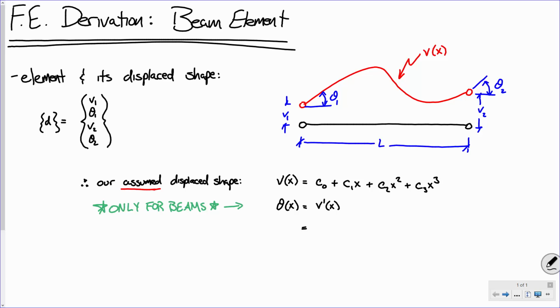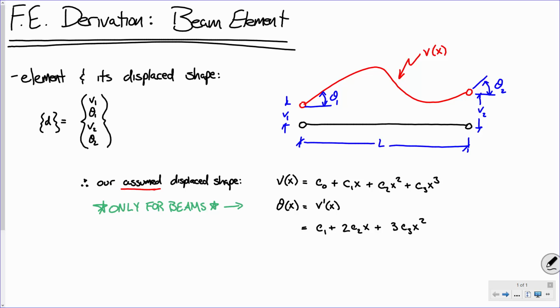What's the derivative of c1 times x? c1. There we go. c1 plus, you tell me what to write. c2 times 2x. So maybe 2c2 times x plus 3c3 x squared. There we go. Not too bad, right? Simple stuff. Okay. So far so good?